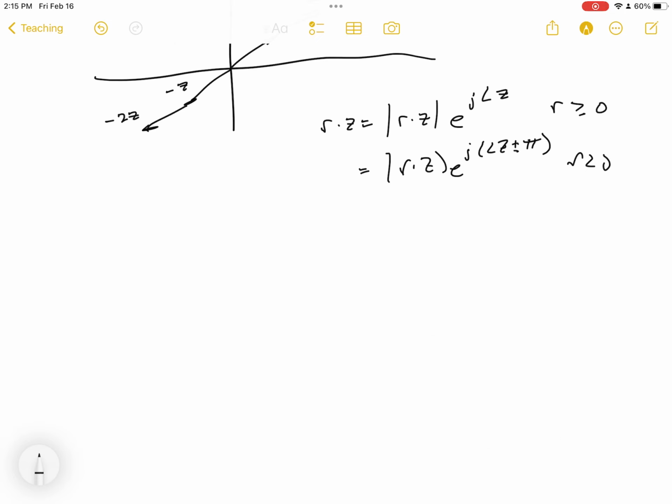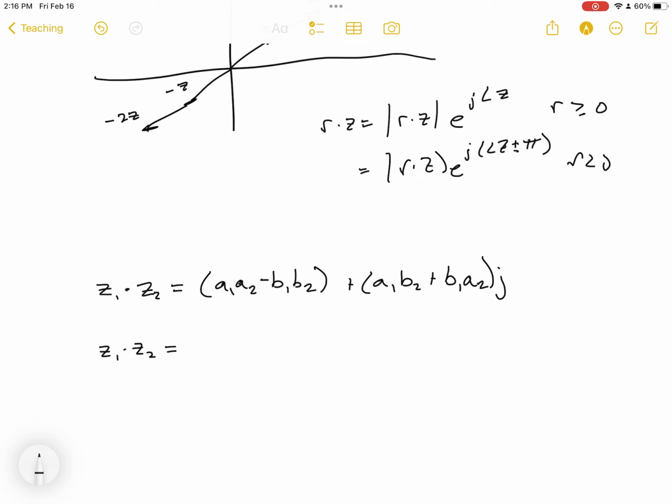We can also multiply two complex numbers. So z1 times z2 is going to equal a1 a2 minus b1 b2, and that's all a real component, plus a1 b2 plus b1 a2 j. So that's an imaginary component. It makes a little more sense to look at it in magnitude phase form.